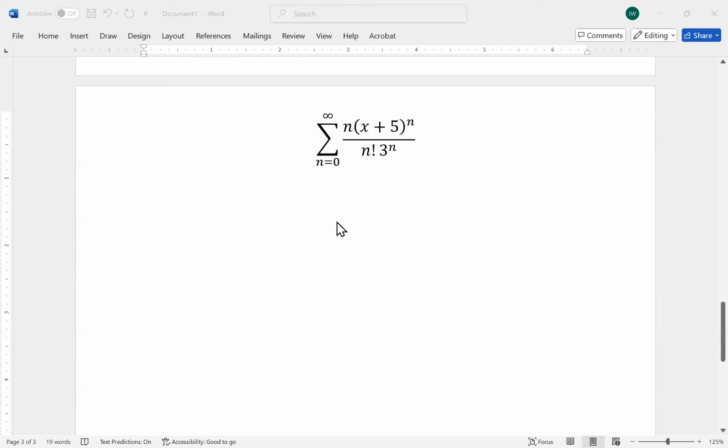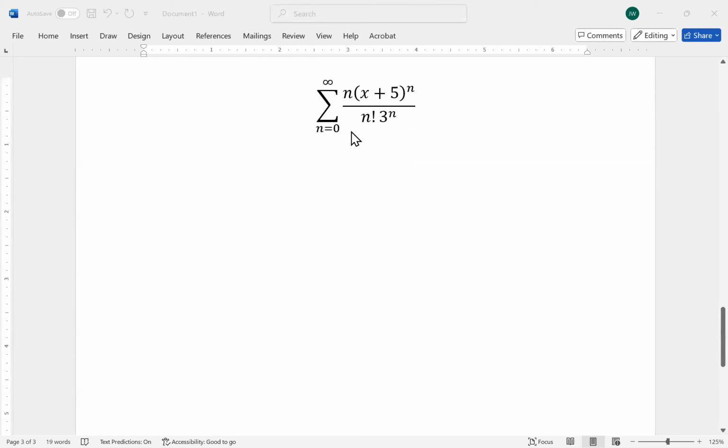Now, this infinite series has multiple types of growth going on. Here, this is an n to the p type growth. x plus 5 to the n is exponential growth. 3 to the n is also exponential growth. And then n factorial is factorial type growth. Once again, we have n to the p, we have exponential, and we have factorial.